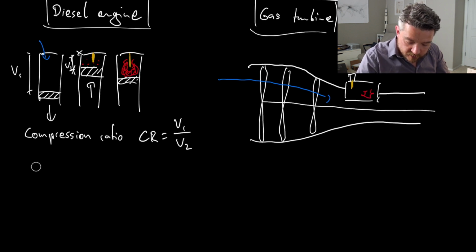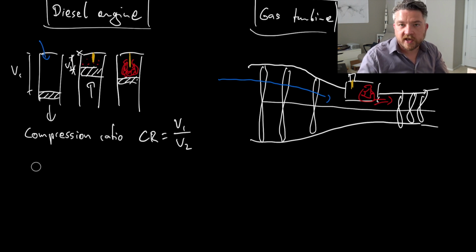Then this burns continuously, and we have hot exhaust gas coming out in the end. And then here what we have is the turbine, where we extract some of that energy to ultimately drive the compressor in front. So the air goes through here, gets heated, and then we have some exhaust.